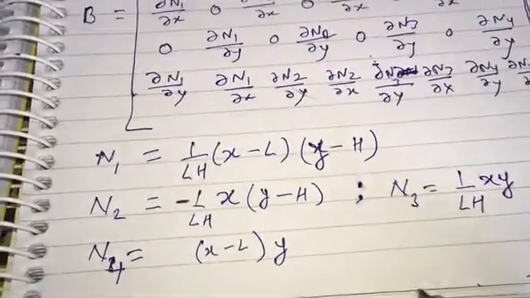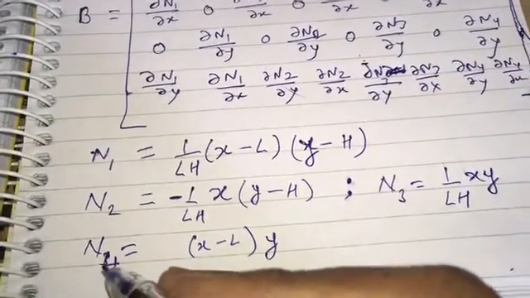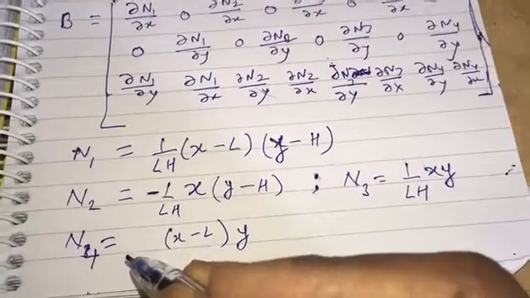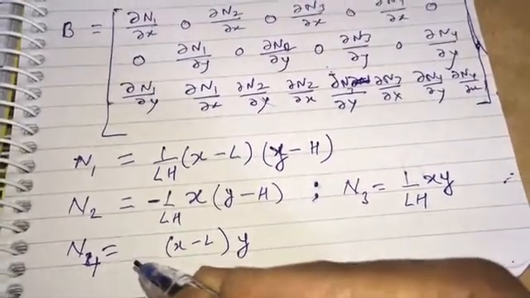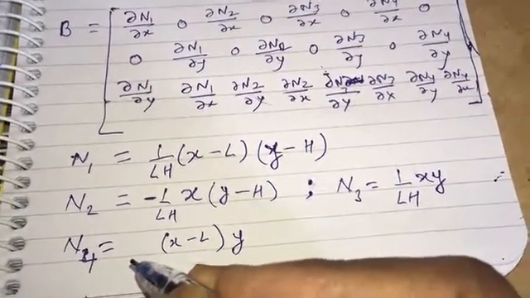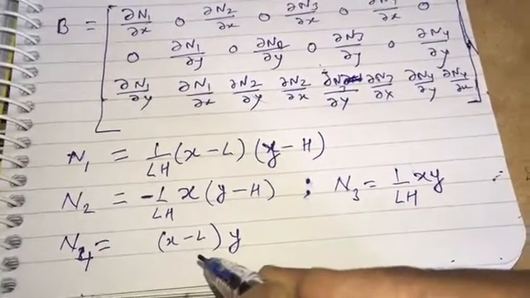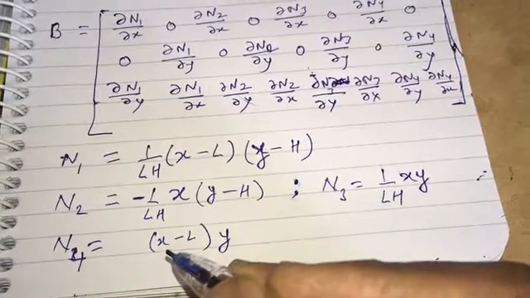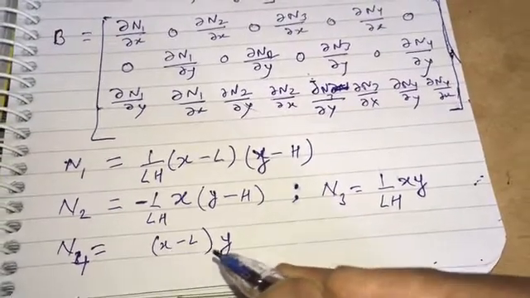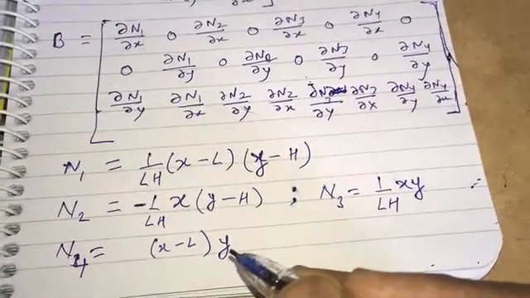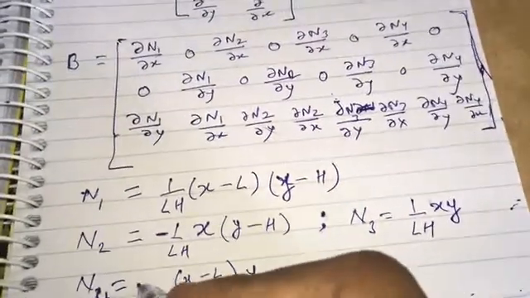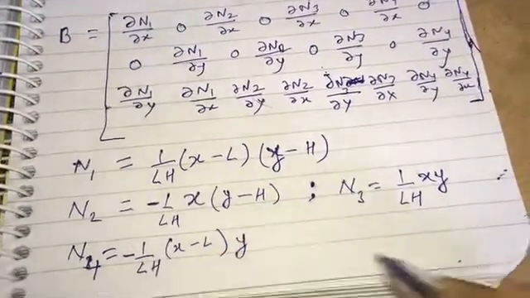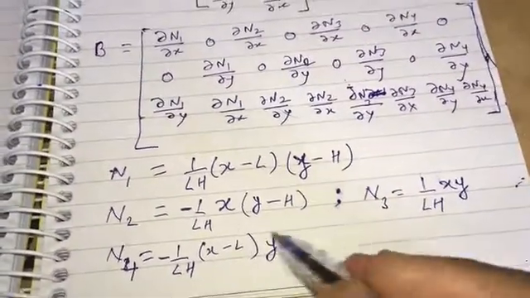Okay, now the value n4 has to be 1 at node 4, and node 4 has value of y equal to h and x equal to 0. So you put 0 here and h here, you get minus LH. So we divide by minus LH here. Okay, so this is what we get.